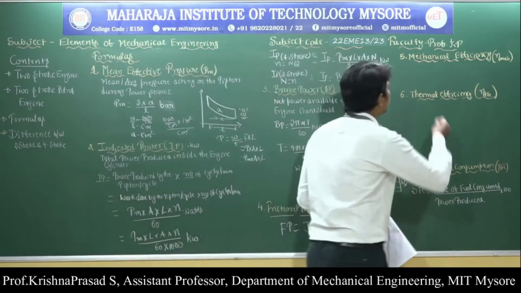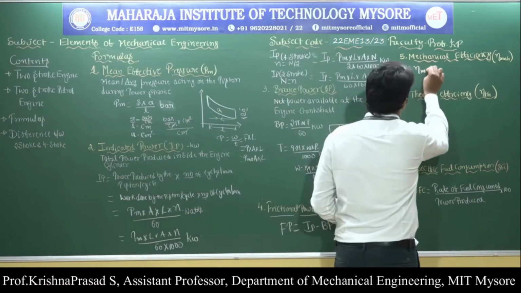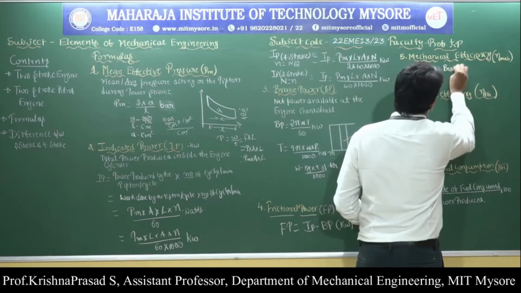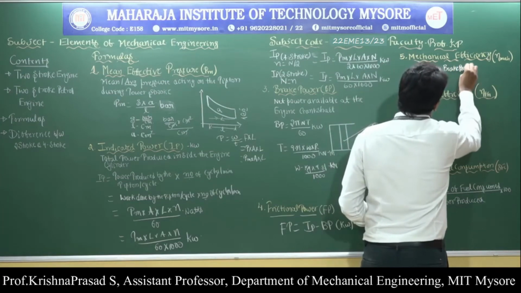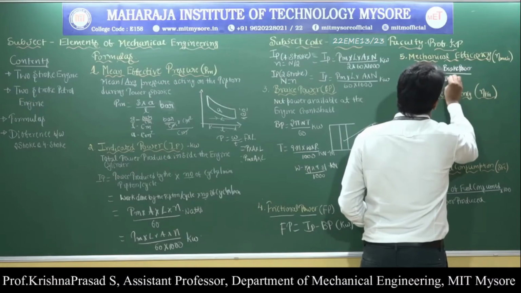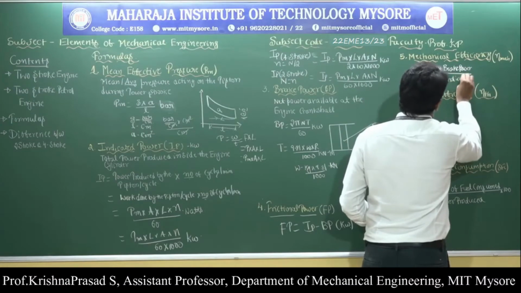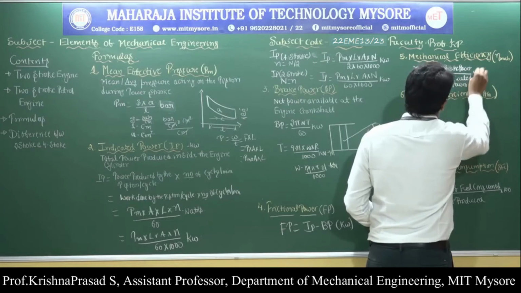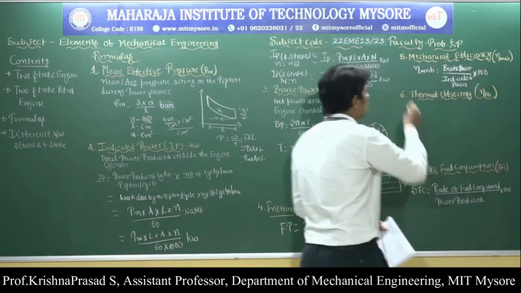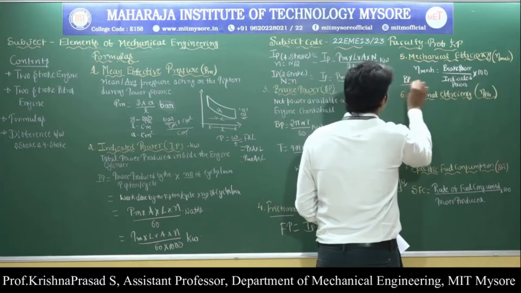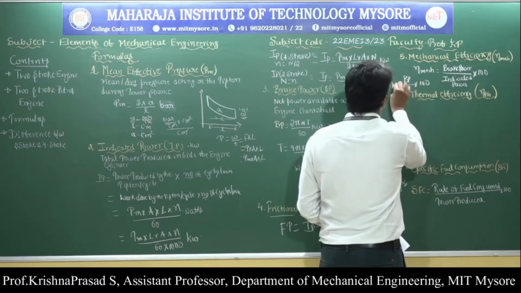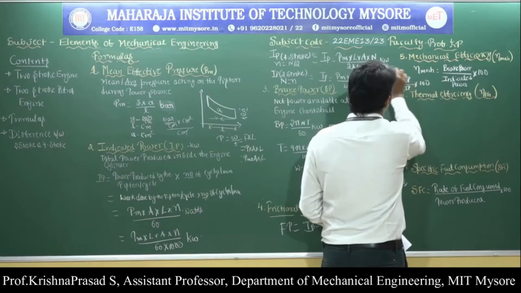Next one: what is meant by the mechanical efficiency? Mechanical efficiency is brake power by indicated power into 100, or directly I can write it as BP by IP into 100.